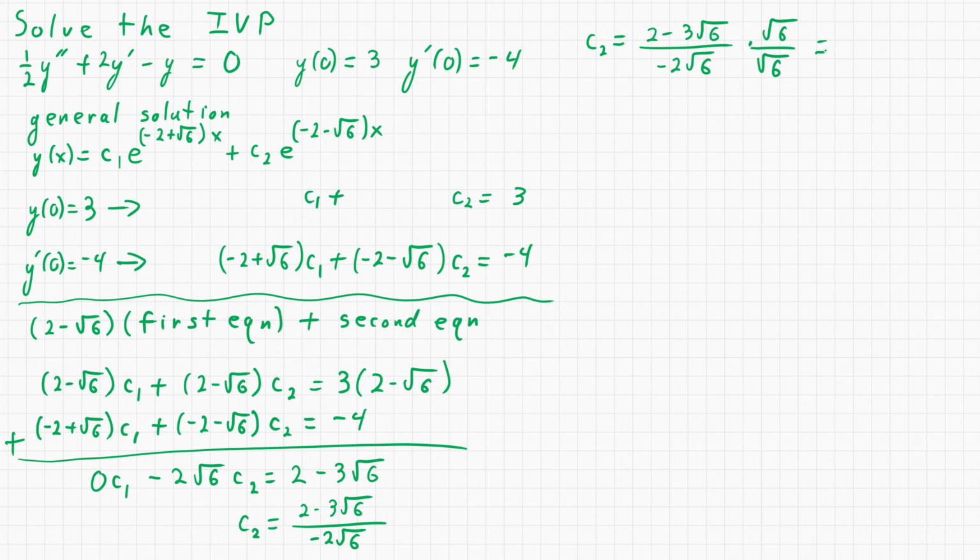That ends up being 2 square root of 6 minus 3 times 6, because the square root of 6 times square root of 6 is 6. And on the bottom, we get negative 2 times 6, from square root of 6 times square root of 6. That ends up equaling 2 square root of 6 minus 18 all over negative 12.